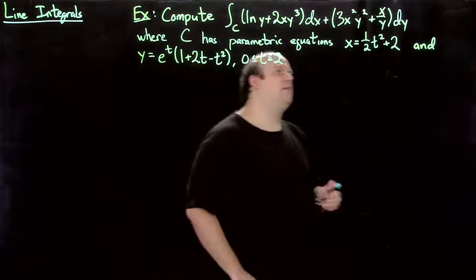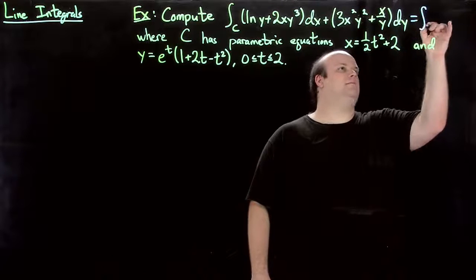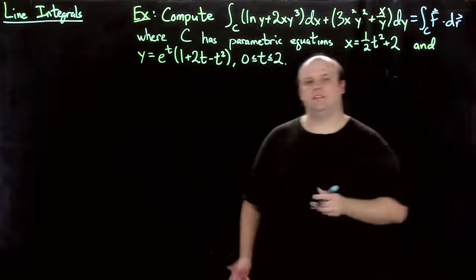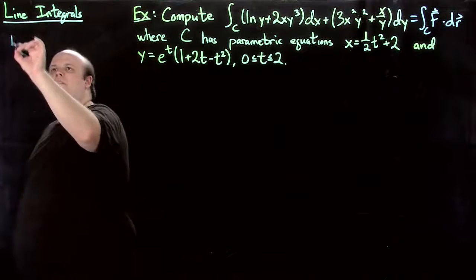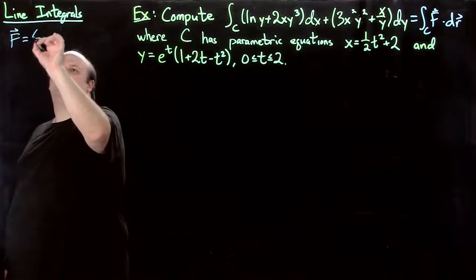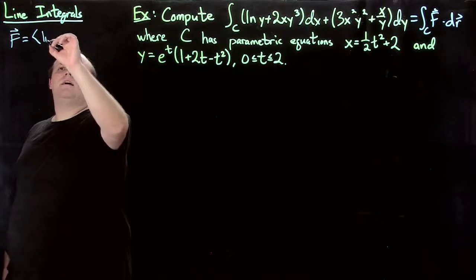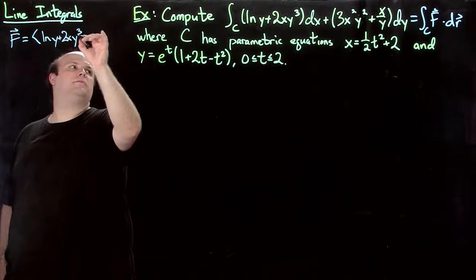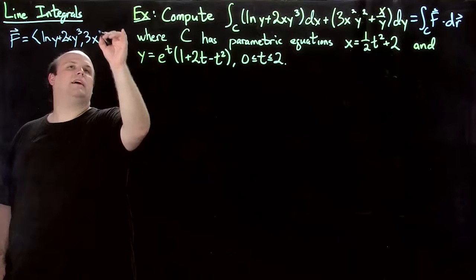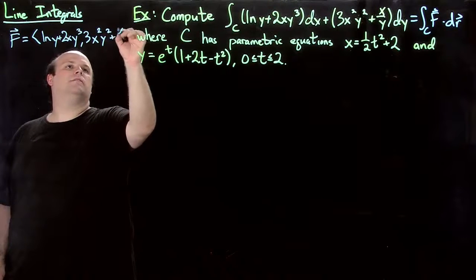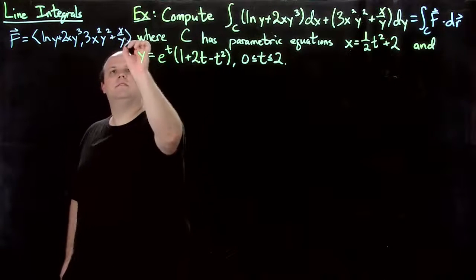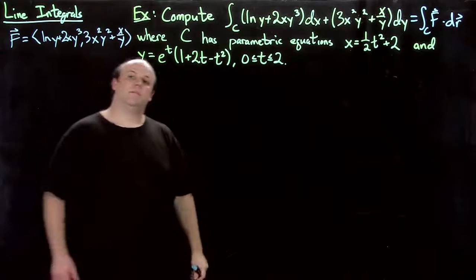So this integral up here, we can think of it as the integral of f dr, where f is given by ln y plus 2xy cubed and 3x squared y squared plus x over y. Right? x over y.